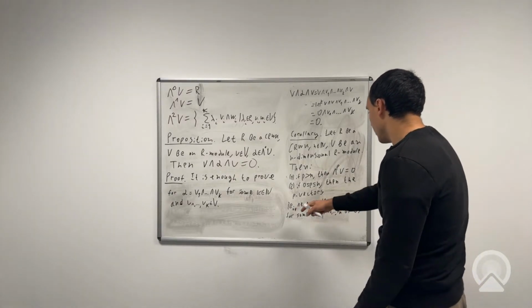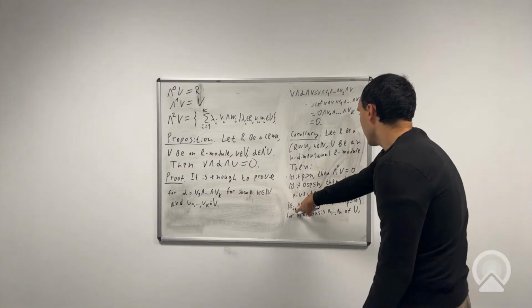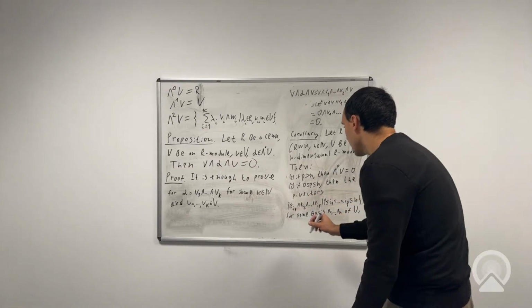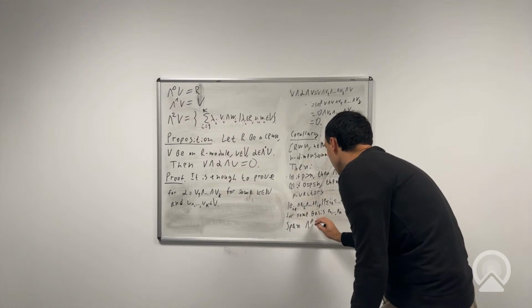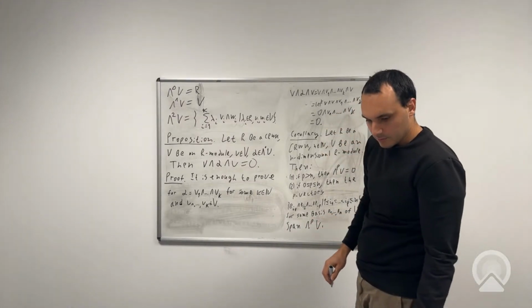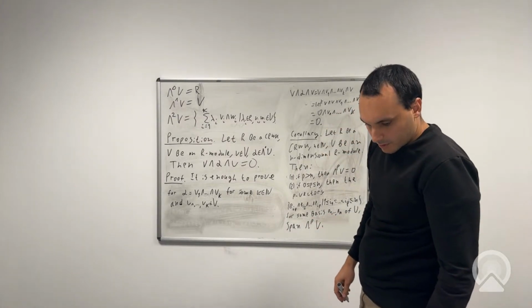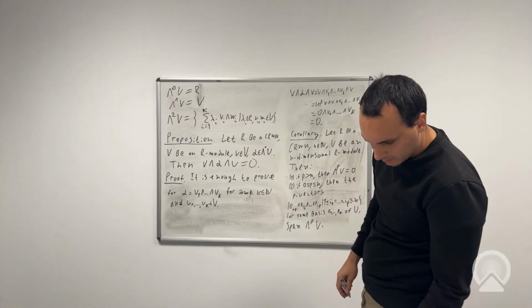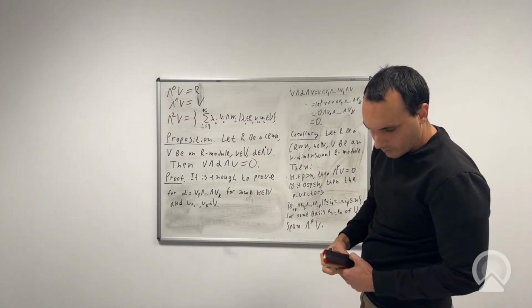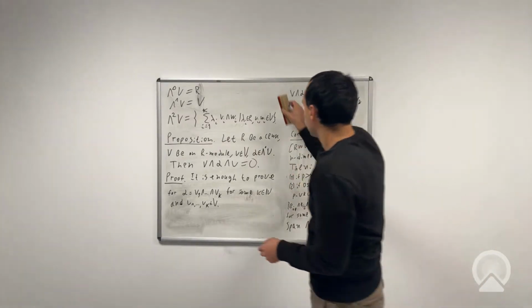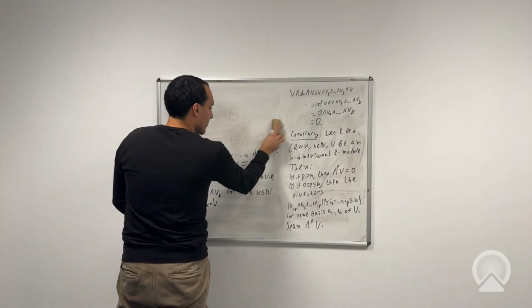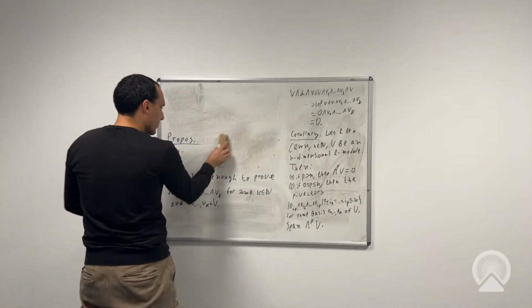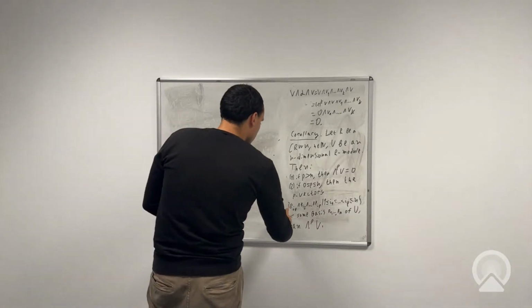Then these types of things span lambda p of V.